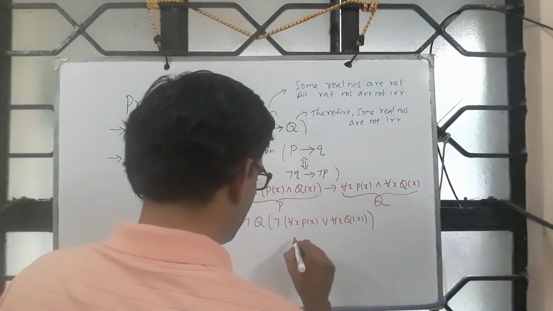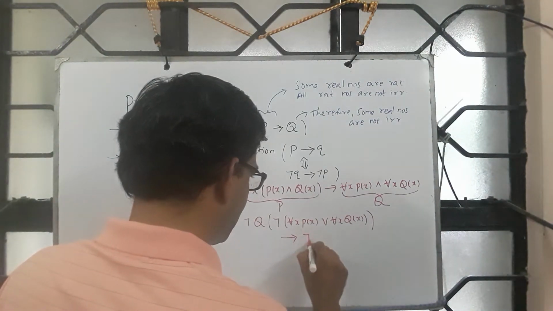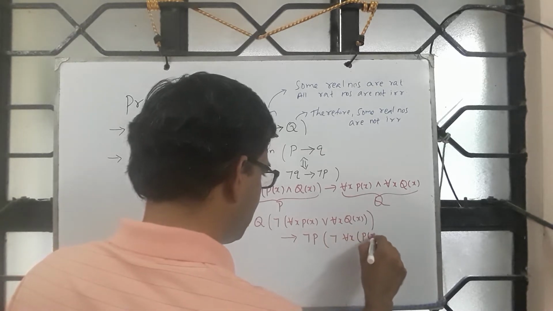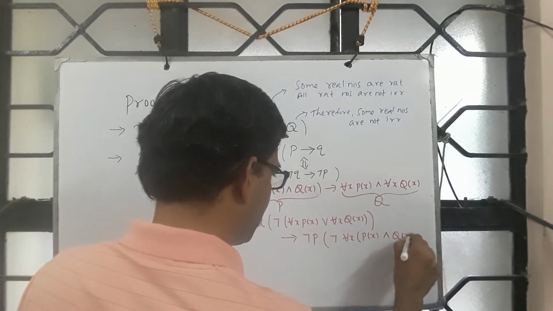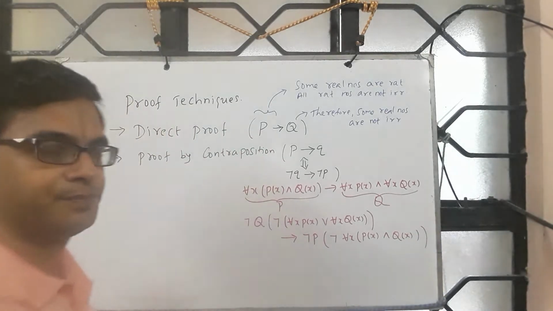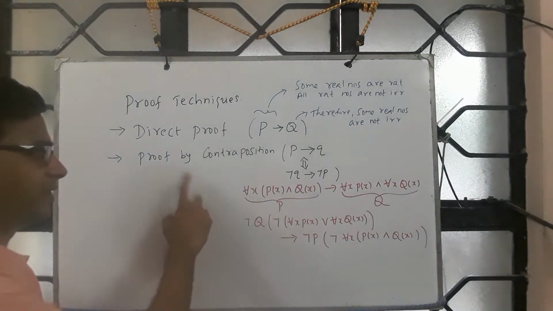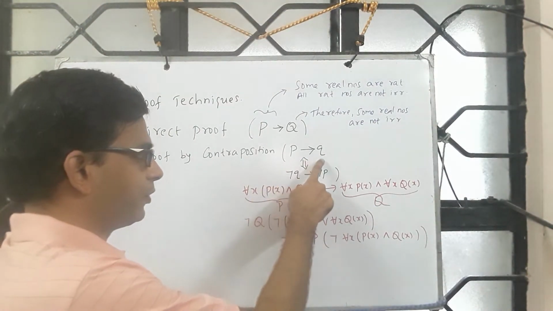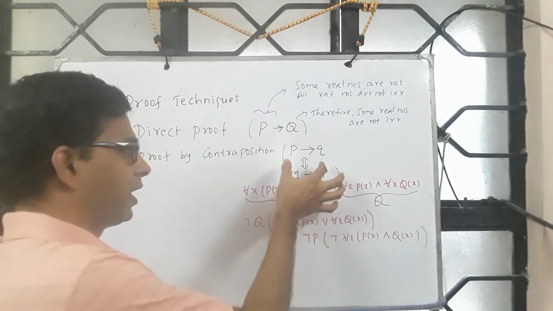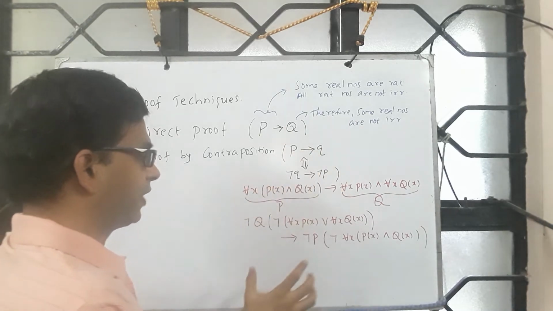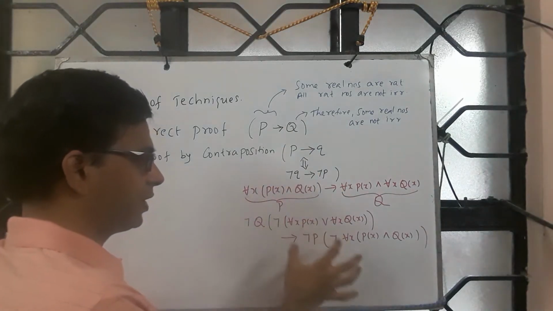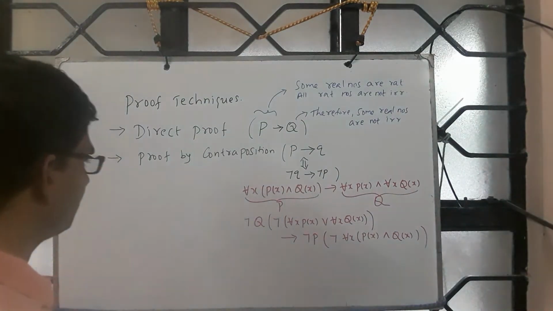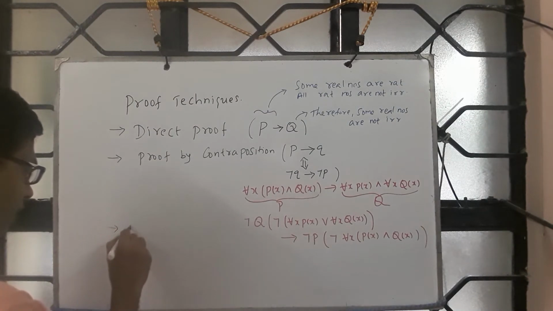Assuming this, derive negation P, which is negation of for all x, P of x and Q of x. This is called a proof by contraposition. Assuming premise P, you arrive at Q, and instead of doing this, one can also assume negation Q and derive negation P. Then there is something called proof by contradiction.